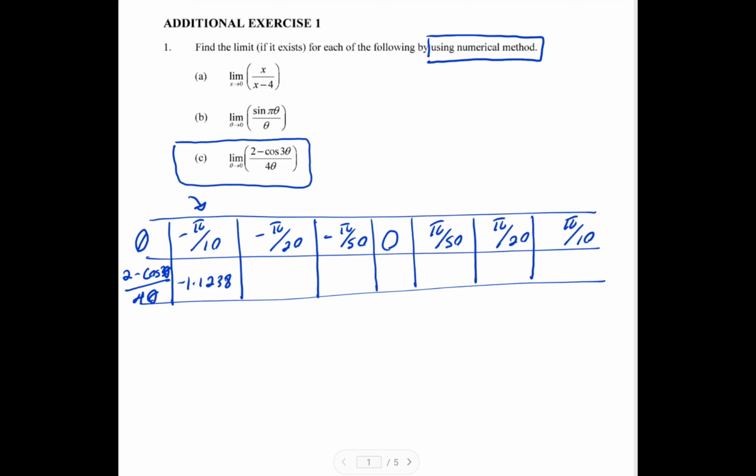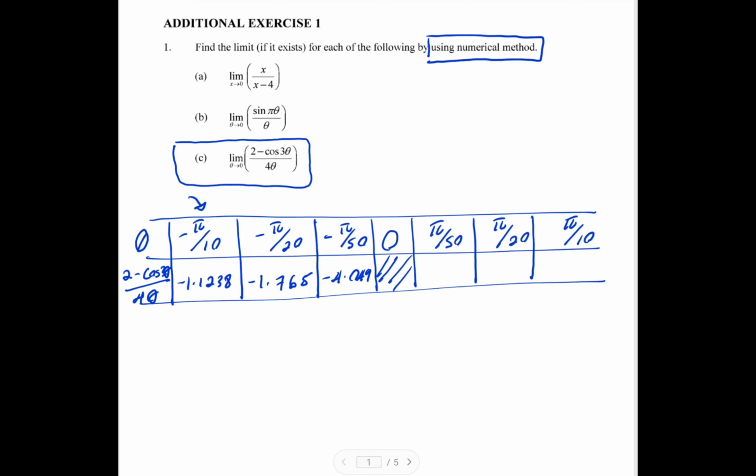1.1238. If we substitute negative pi over 20, we get negative 1.765. And the last one, if we substitute negative pi over 50, we get negative 4.049.